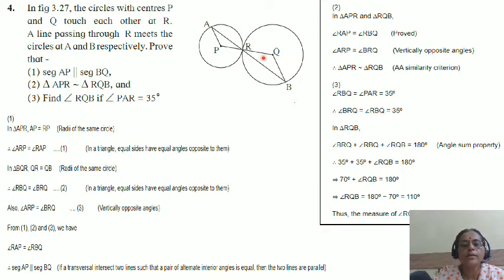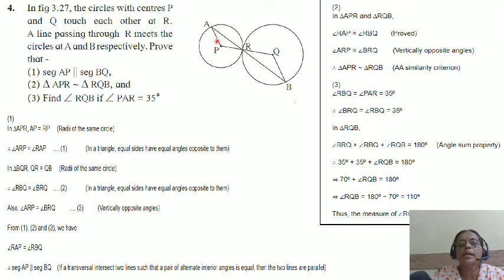That is, in a triangle, equal sides have equal angles opposite to them. And angle ARP is vertically opposite to angle BRQ. So these two are congruent, which means AP is parallel to QB because angle A is congruent with angle B. That's why AB is a transversal.